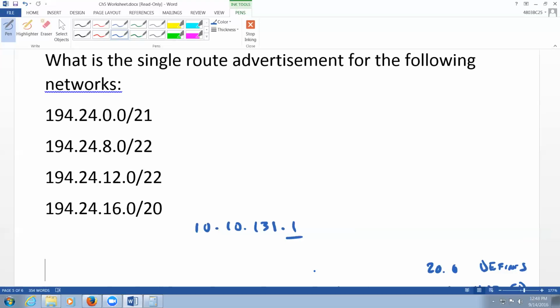On CIDR, you literally write all these out in binary, and the place where they all overlap, you put it down there. Those bits where they're all repeating will define the network, and 32 minus that gives you the host portion.